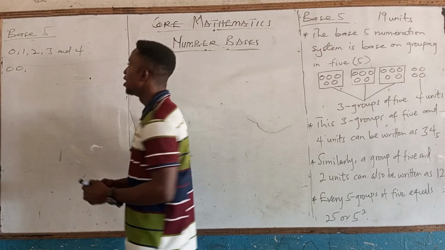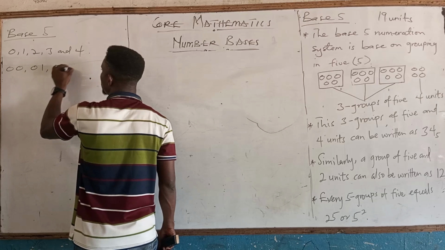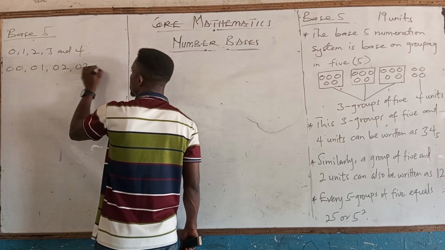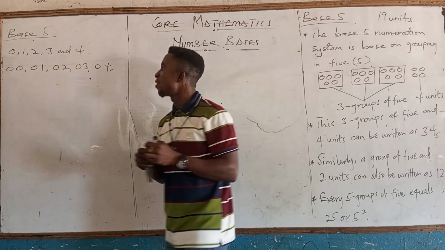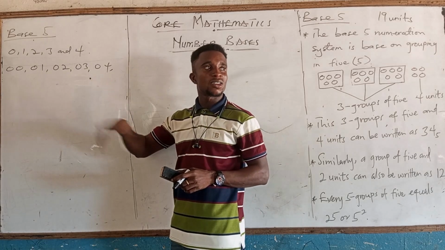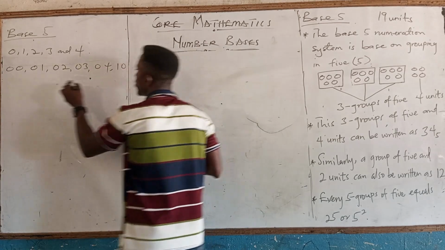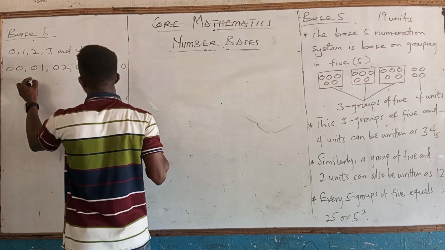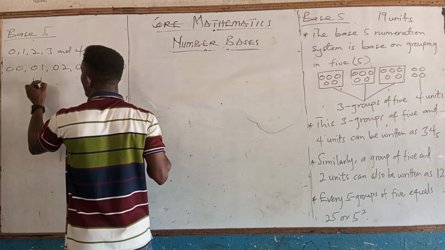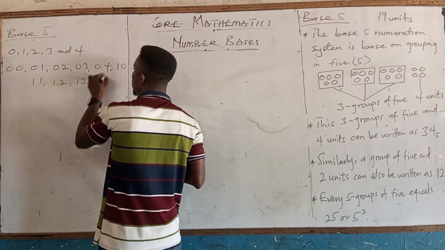The second one is 0, 1, 0, 2, 0, 3, 0, 4. Right after that, I'm done. So I take the next number, 1, and give it to the remaining ones. I give it to 0, then 1, 1, then 1, 2, 1, 3, 1, 4.